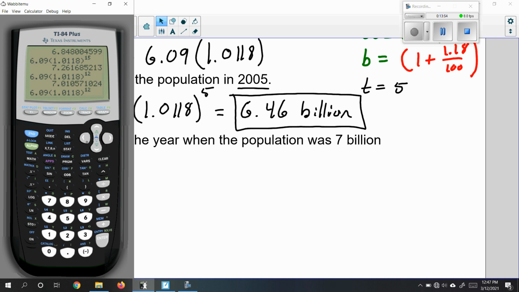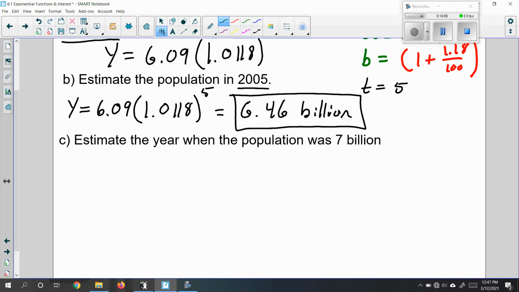Let's go down by 1 more just to see if I can't get even closer. All right, so that is too small. So when x is 12, our population is just over 7 billion. So in other words, in the year 2012, this question is really just a guessing and checking problem.